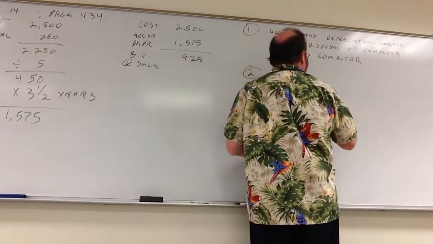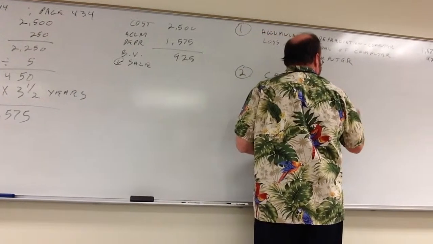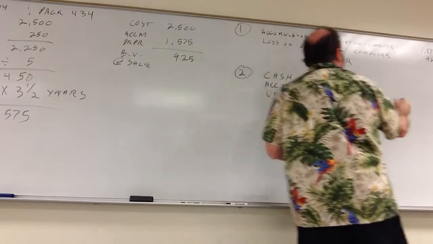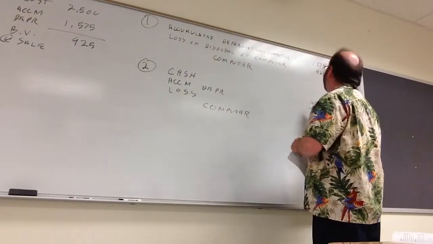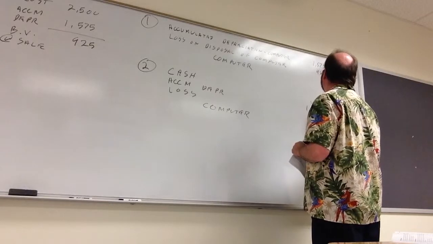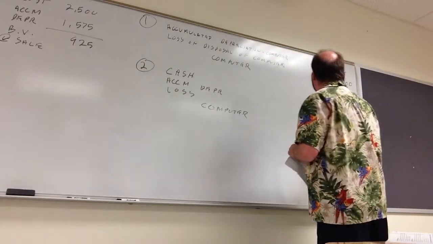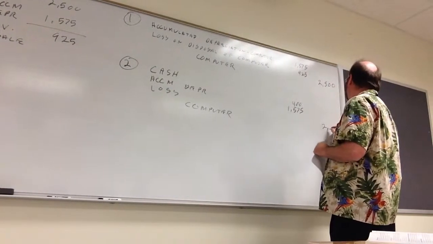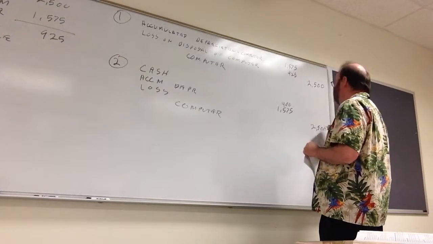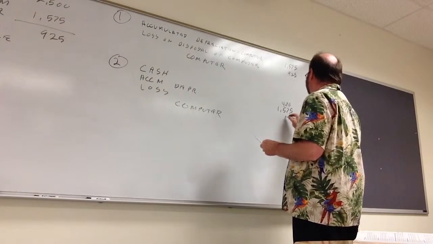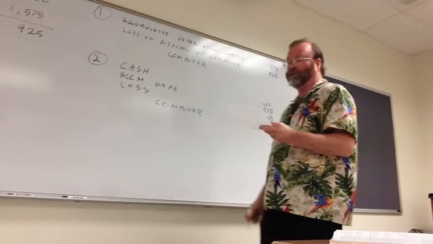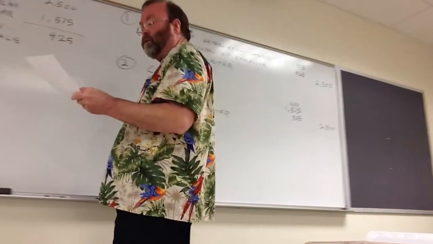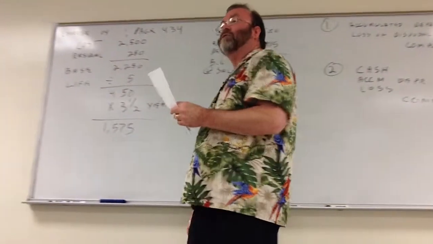And then credit the computer. So the cash receipts were $400. You still have accumulated depreciation of $1,575 and an original cost of $2,500. So now your loss is only $525. It just lowers the loss by the amount of the cash received.